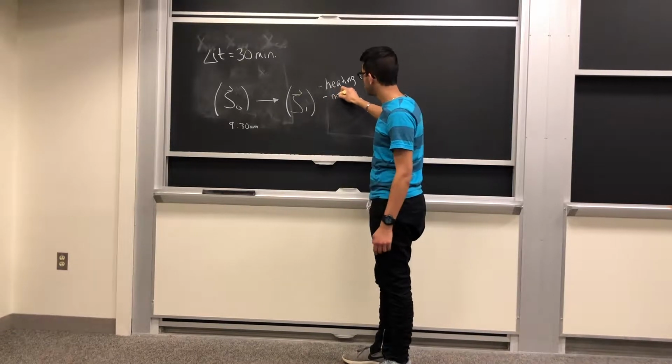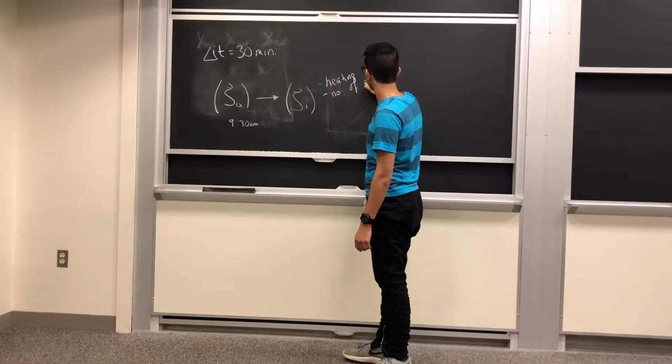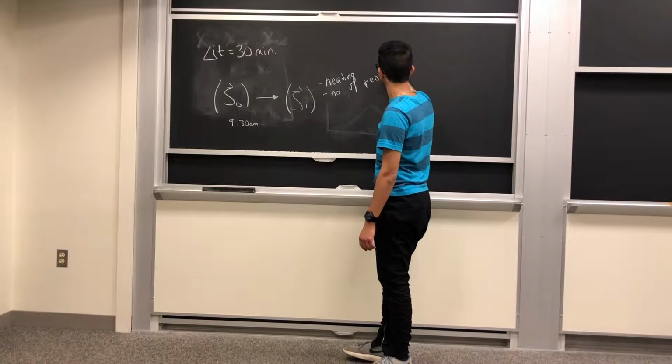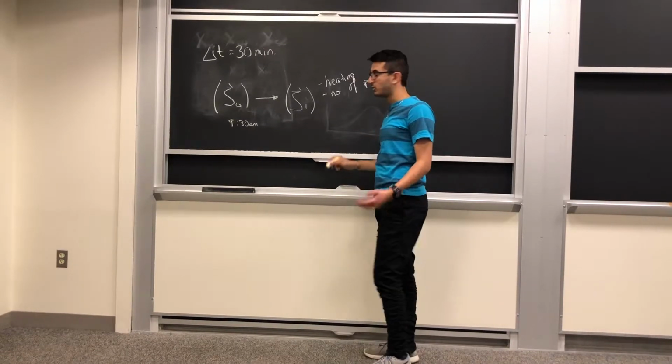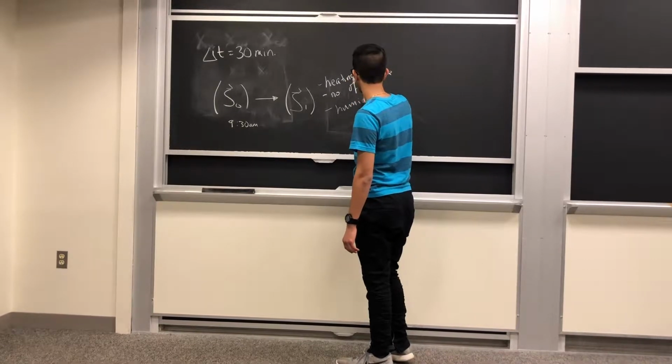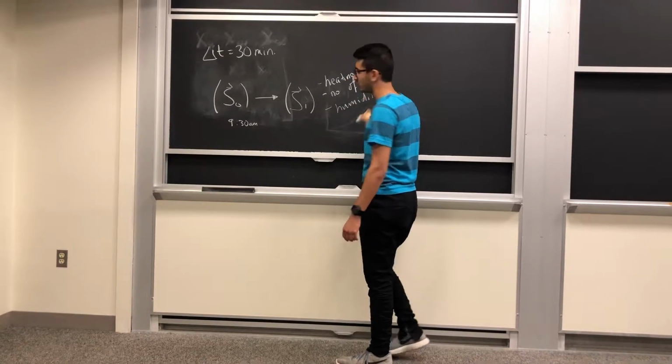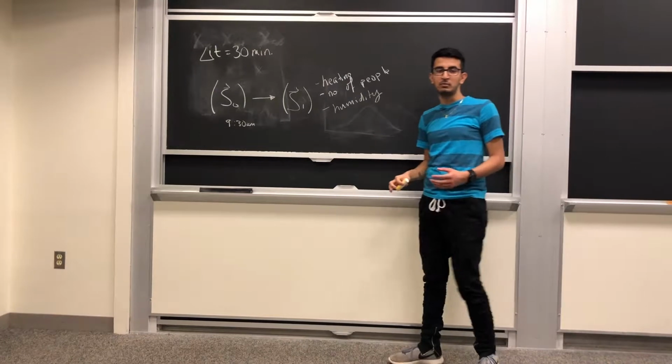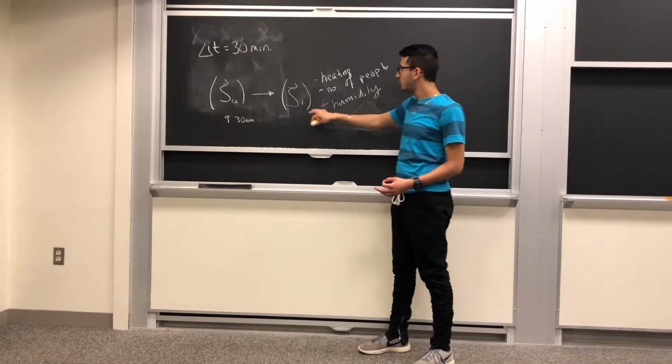The number of people will increase in the room, for example, we have class in there. And perhaps the humidity will also go down because the room is now going to go to steady state with the outside environment.